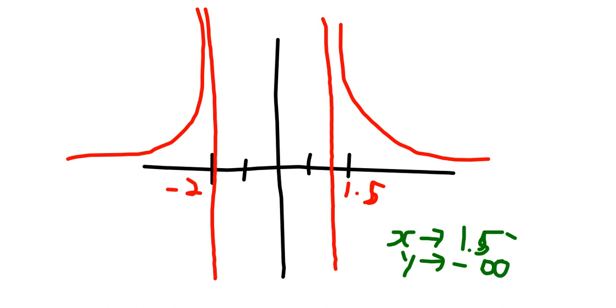So as we get closer to here, it's going to approach negative infinity. And as x approaches -2 from the right, with values like -1.9, -1.99, and so on, it's also going to approach negative infinity. Somewhere in between the two, we're going to get a local maximum value.